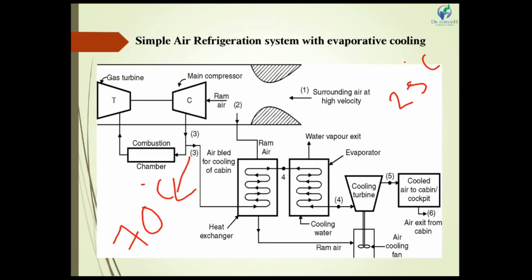After the heat exchanger process, the temperature is considered to be about 35 degrees centigrade, at which we give the additional cooling by the evaporator. The air at 35 degrees centigrade enters the evaporator and exits at 30 degrees centigrade. This 5 degree temperature difference is given as the subcooling process.